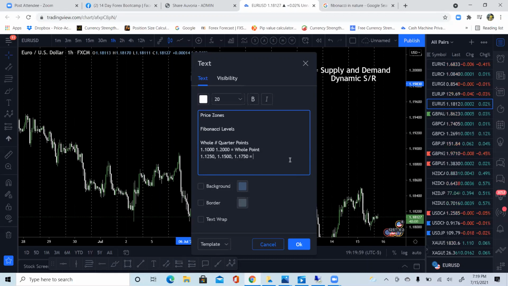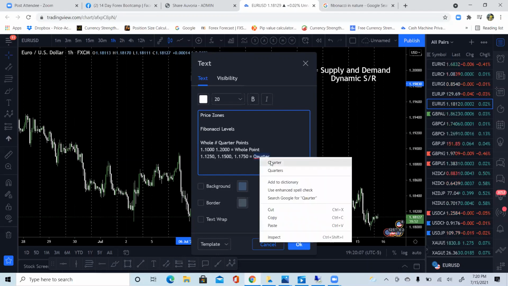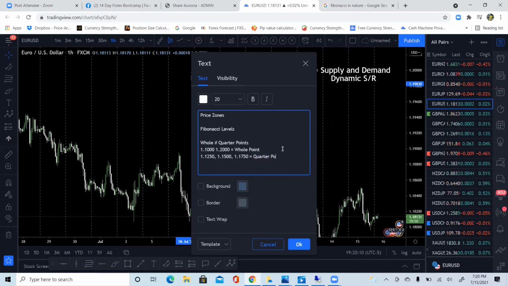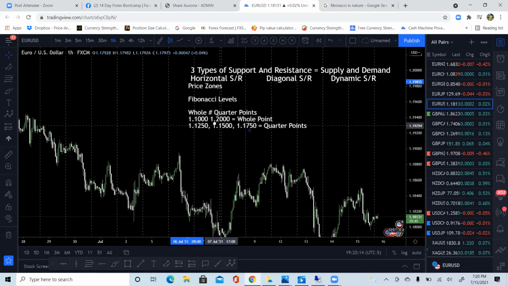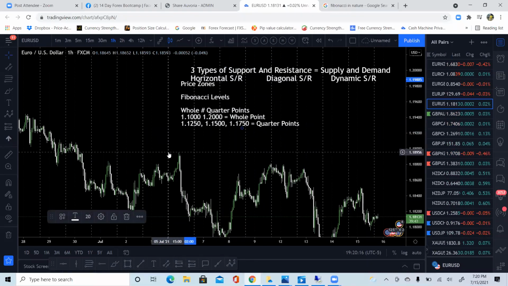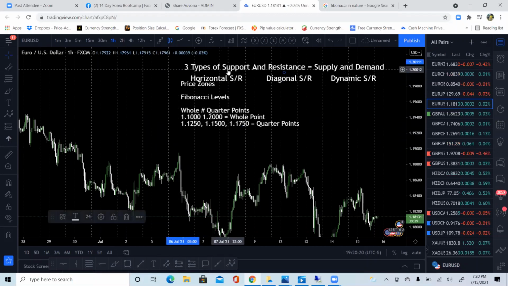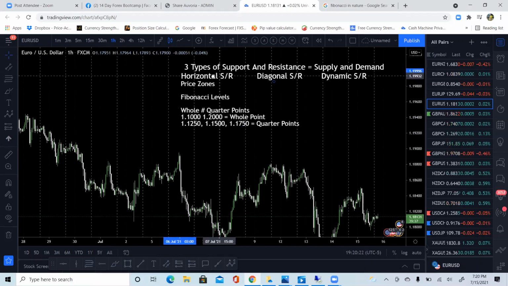Those would be quarter points. These are numbers that are used on a high scale, on the institutional scale. So let's look at some whole and quarter points that we would see in this chart.